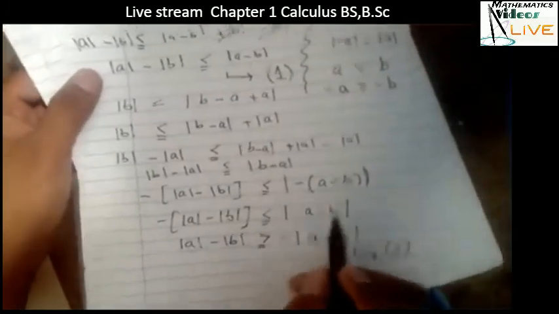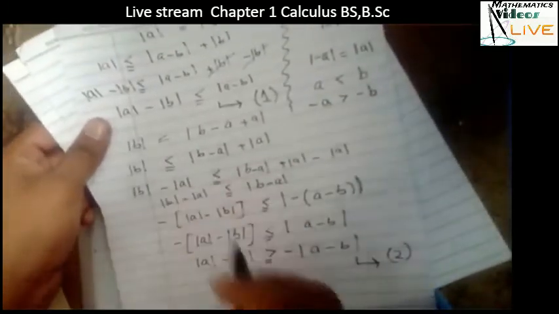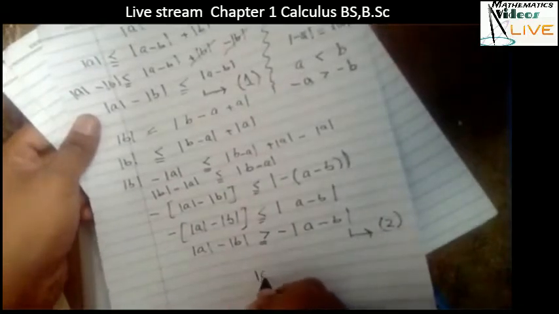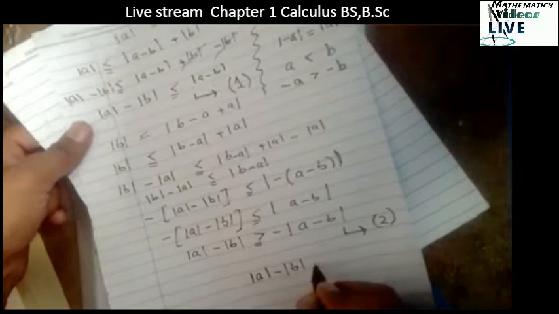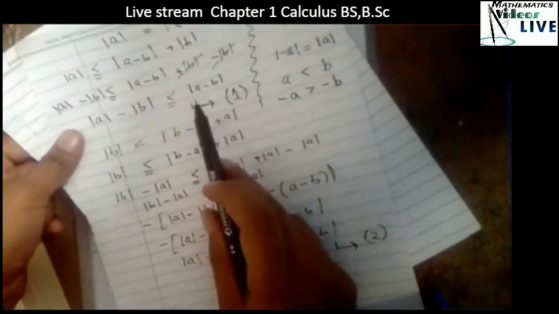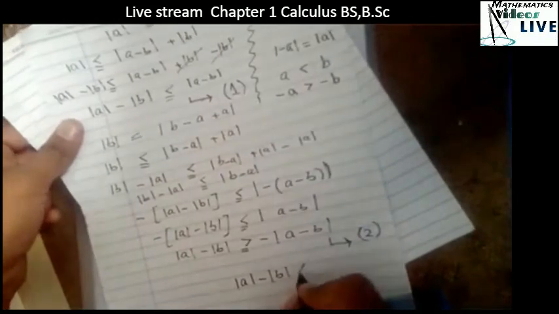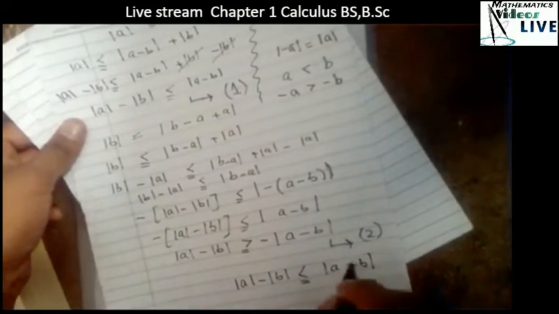By combining them you get this equation: mod of a minus mod of b is less than or equal to the absolute value of a minus b.